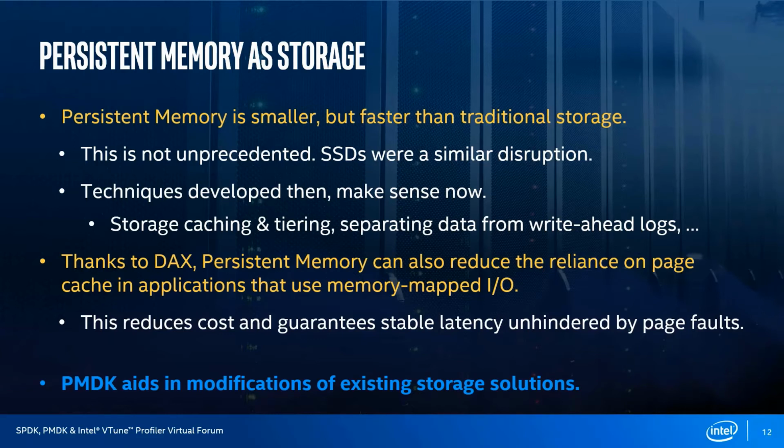But the disruption that persistent memory causes in the storage hierarchy is not unprecedented. When SSDs first became available, they caused a similar disruption, maybe with the exception of the store granularity. And the techniques that were developed for SSDs are still valid today. So all of the caches and techniques like that are still very much viable for persistent memory.